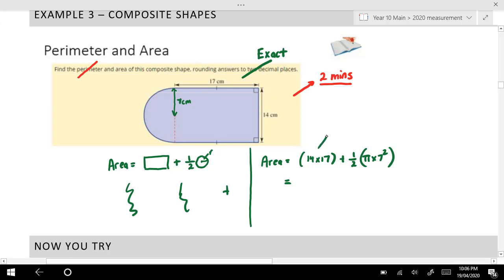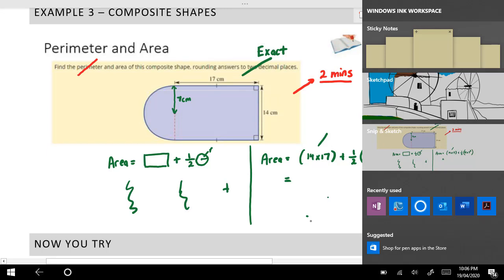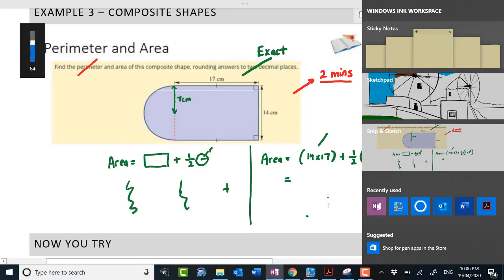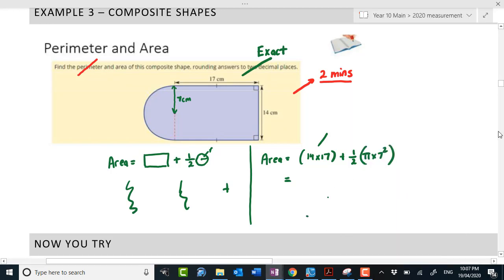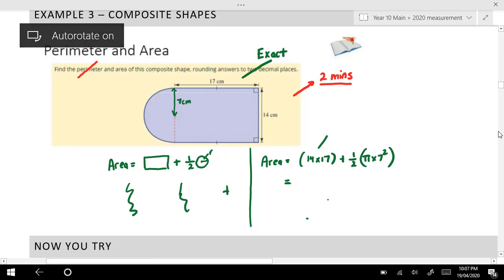All right, so let's first of all look at 14 times 17. Okay, so 14 times 17. Don't know what has happened there. Okay, so let's do 14 times 17.